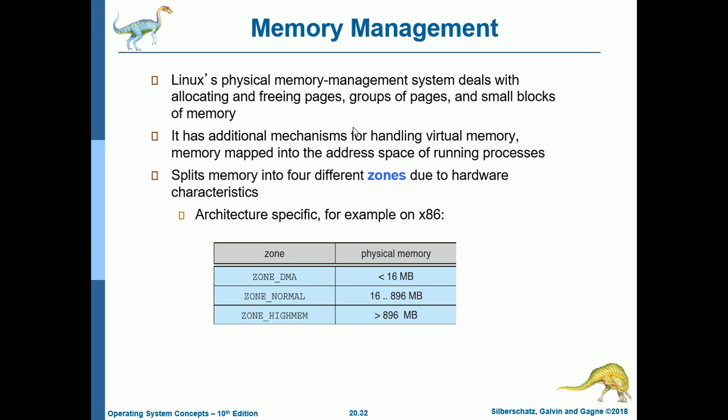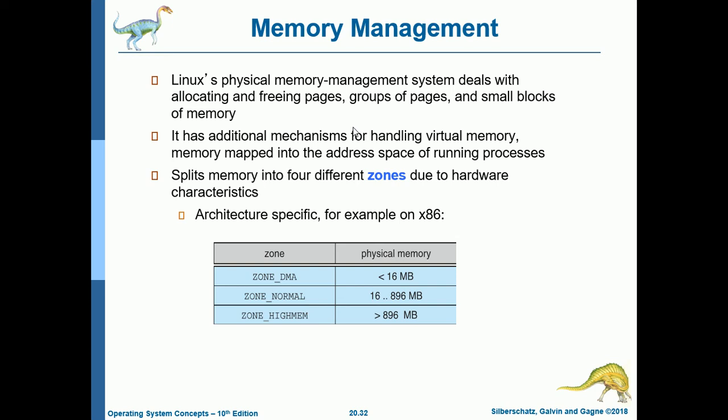So for memory management, Linux's physical memory management system deals with allocating and freeing pages, groups of pages, and small blocks of memory. It has additional mechanisms for handling virtual memory, memory mapped into the address space of running processes. It also splits memory into 4 different zones due to hardware characteristics.